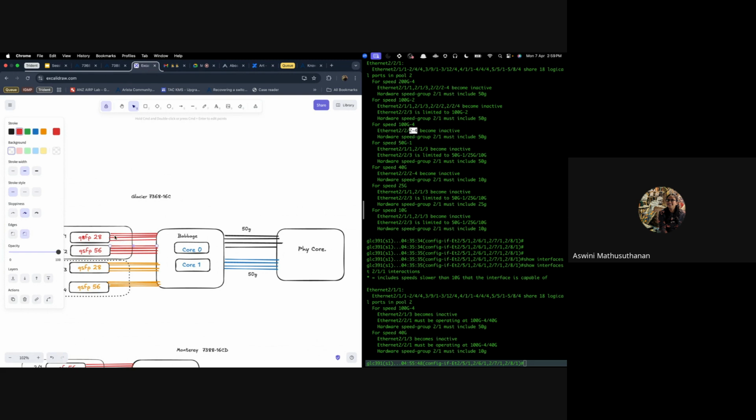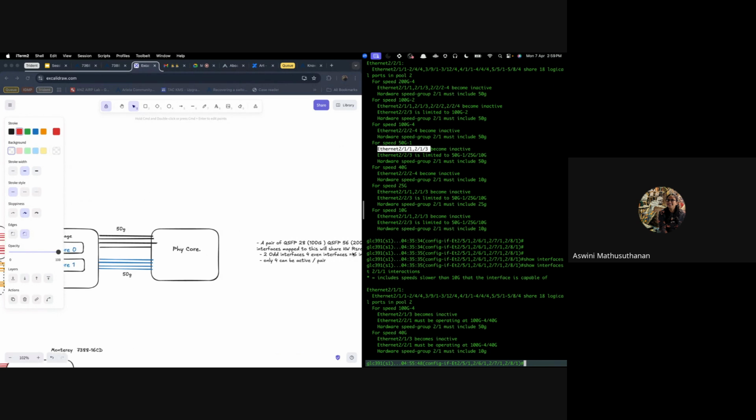I'm just taking 2/1/1 and 3 because 2/1/2 will work with 2/1/1 and 2/1/4 will work with 2/1/3. So even in the output, we can just see the odd interfaces shown, that it will go inactive, which implies that the other two also will go inactive.